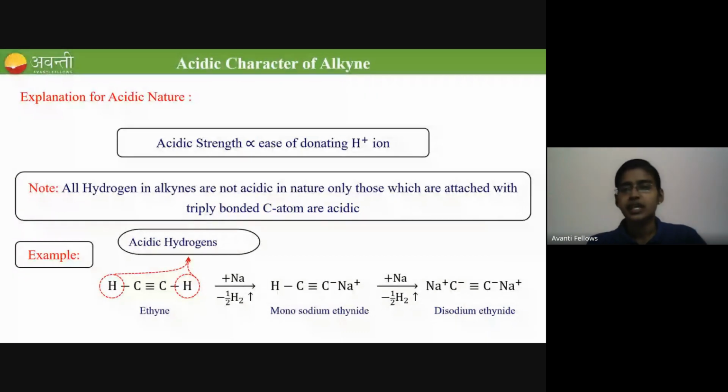So these two hydrogens, which are attached to the triply bonded carbon atoms, are acidic in nature. We have two acidic hydrogens in this compound.